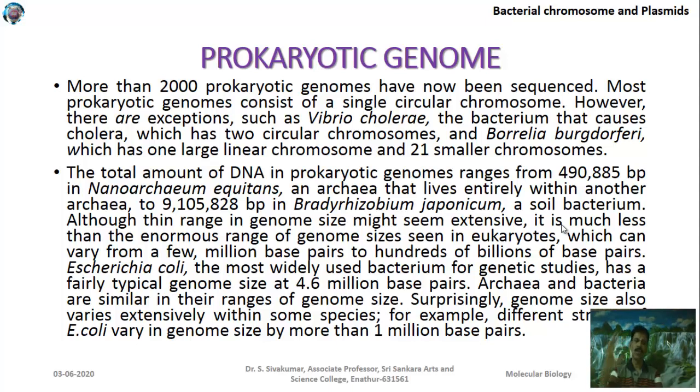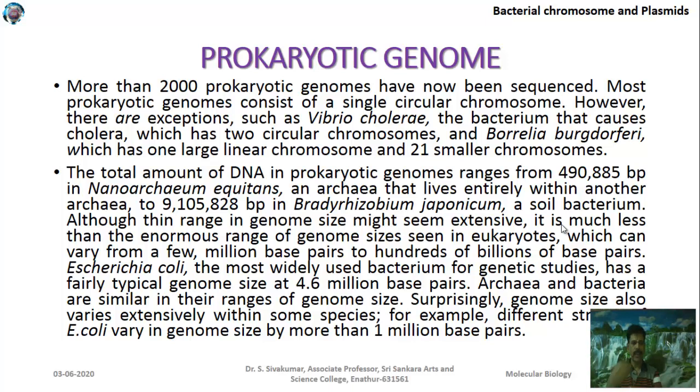So the number of base pairs in a genome varies from 4 lakh to 90 lakh. So there is a 100 times variation. It shows that a wide variety of prokaryotic organisms are present. That's what this variation in the base pair number indicates.